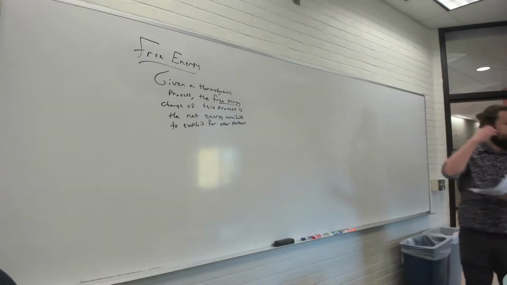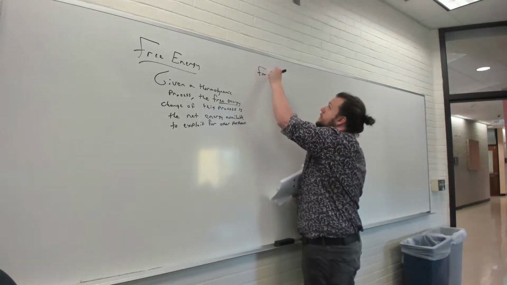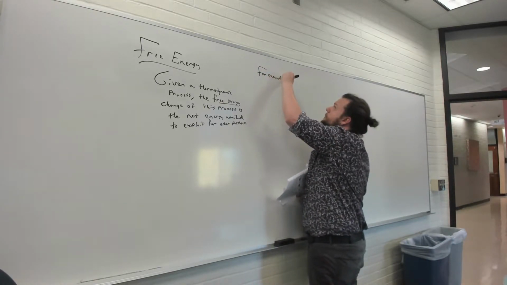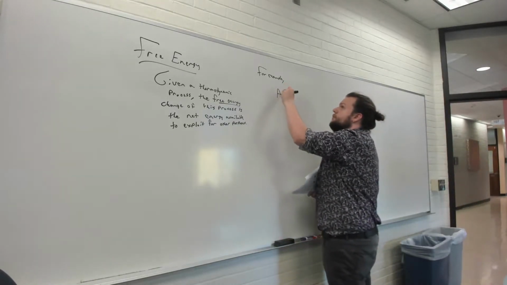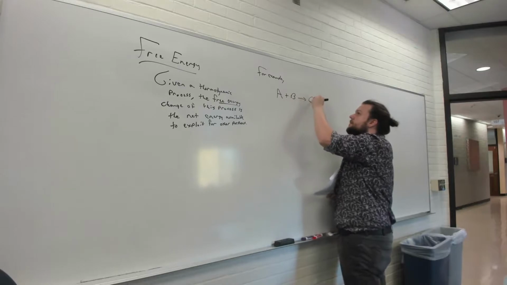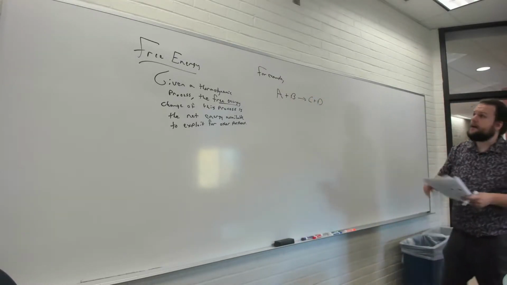Okay, so for instance, maybe we can consider a reaction, a very simple one, A plus B goes to C plus D. Right, and we can go and measure the amount of heat released from this.